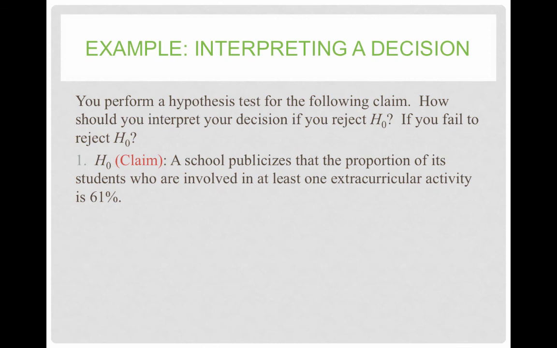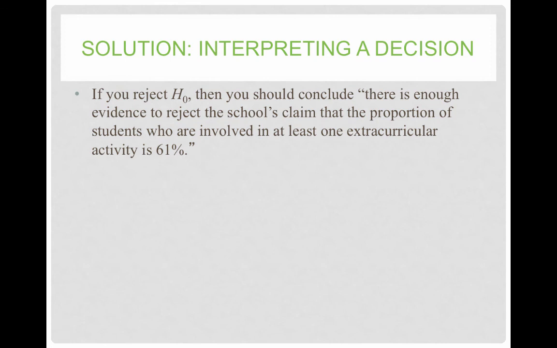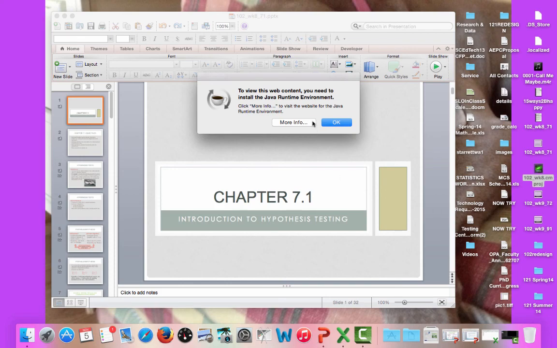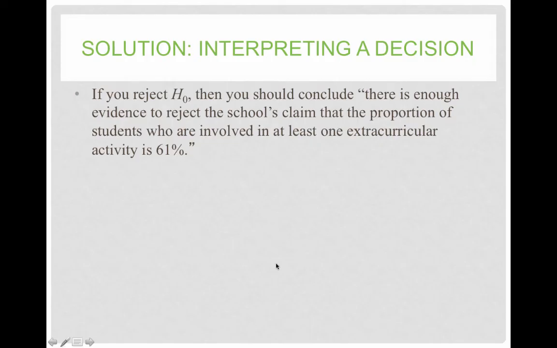Our null was our claim for our first example. A school publicizes that the proportion of its students who are involved in at least one extracurricular activity is 61%. So our null is the claim. If we reject the null hypothesis, then we are rejecting the claim.